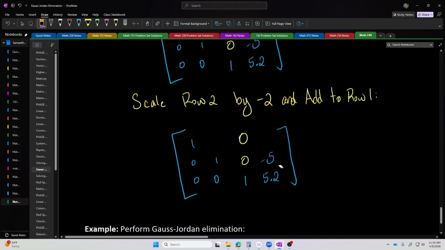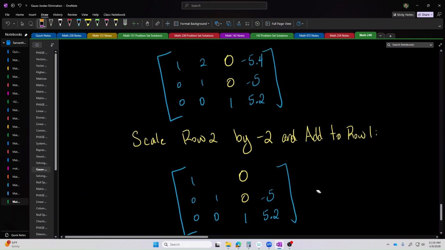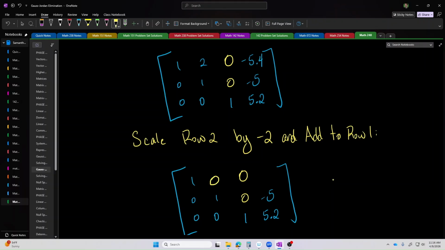So once again, because row 2 has so many zeros inside of it, not many of the entries in row number 1 will be affected by this action. The only entry in row number 1 that will be affected is the entry directly above this 1 in column number 2, which is going to be canceled out by design.